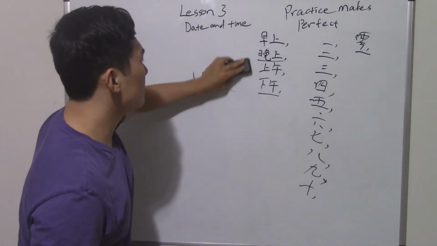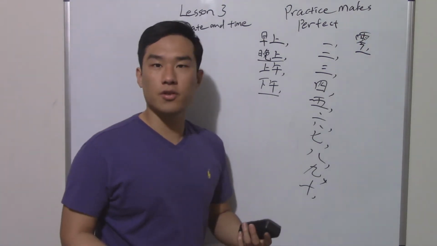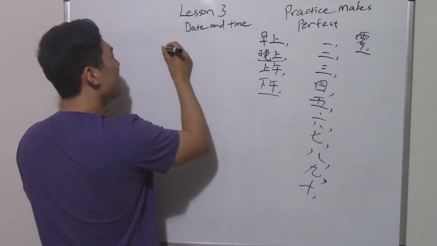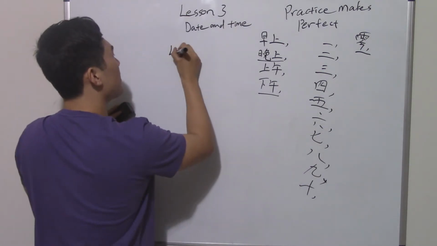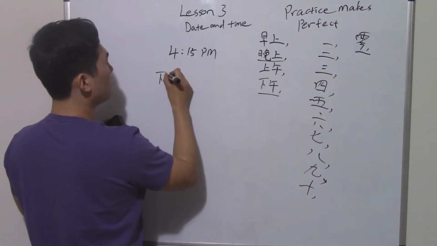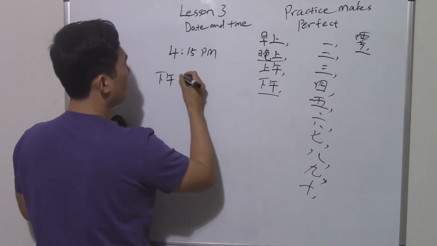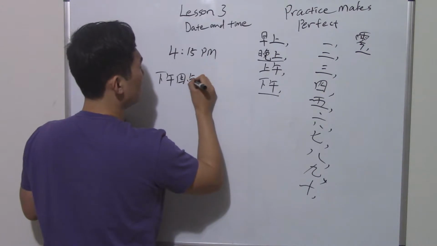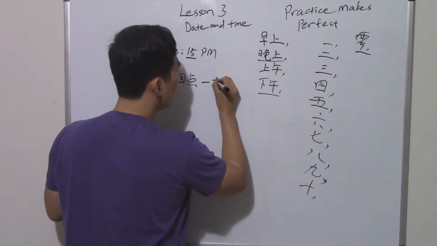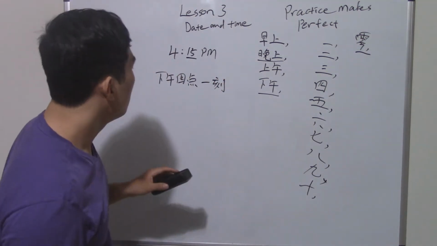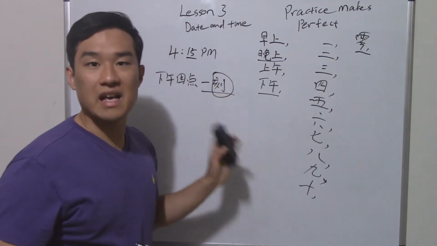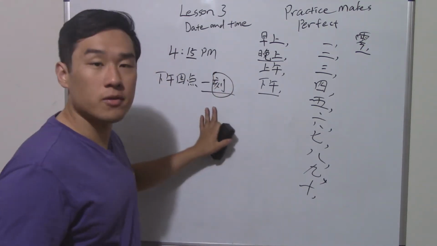How about if they use the quarter, a quarter past 4? Like we said, honestly not common, but I guess it makes sense too. So you can say 4:15 p.m., that will be 下午 for p.m., and then 4 o'clock, 4点, and then 15 minutes is a quarter, so you can say 4点1刻. 刻 by itself means a quarter in this case, so that means a quarter past 4.